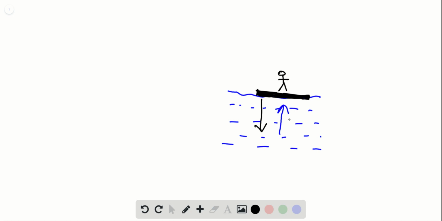So the extra buoyant force is arising due to the man putting the extra force on the raft, and this is kind of a restoring force because it's in the opposite direction of the force put on the raft by the man. And this is analogous to a spring mass system.